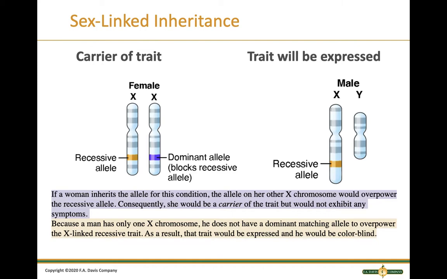So if she inherits the allele for this condition, the allele on her other X chromosome would overpower the recessive allele, so she would be a carrier, and she would not have color blindness. If we look on the right, if the man gets this recessive allele, he only has one X chromosome, so the trait would be expressed in him, and he would be colorblind. So sex-linked inheritance is going to be an allele or a gene that's on one of the X chromosomes generally.